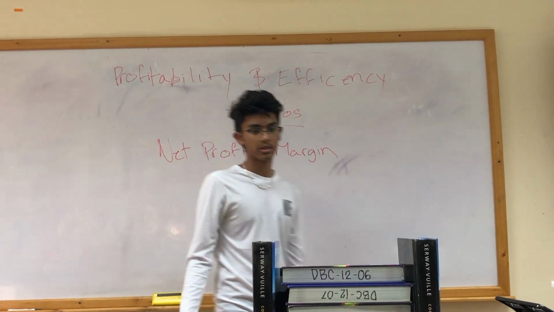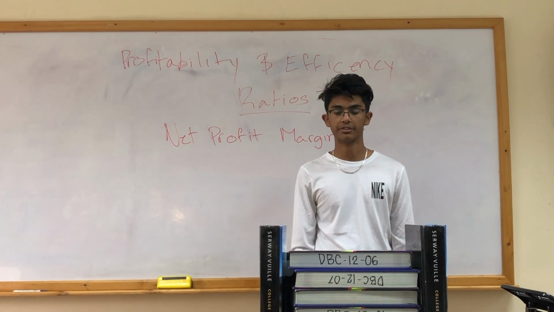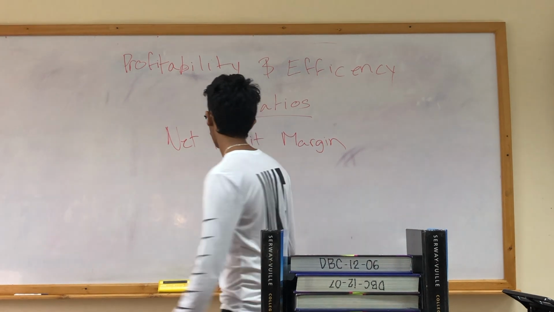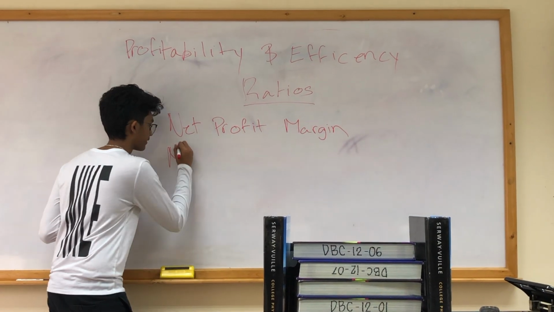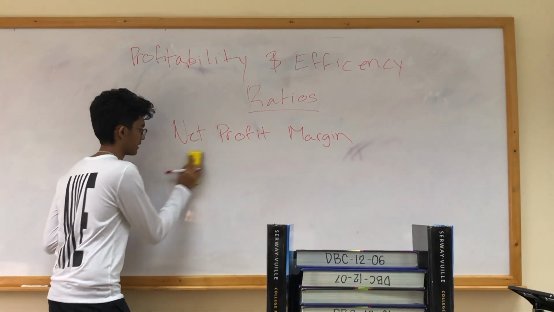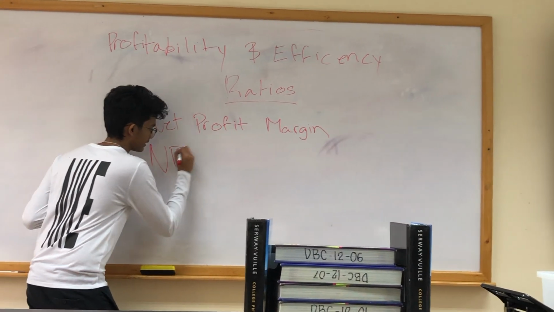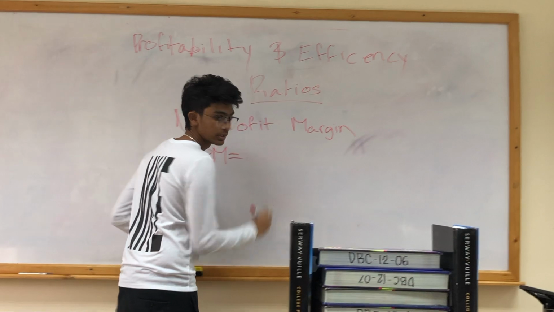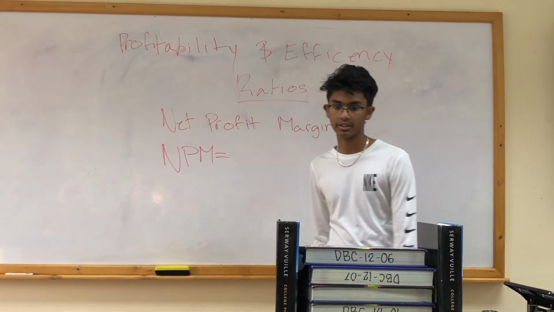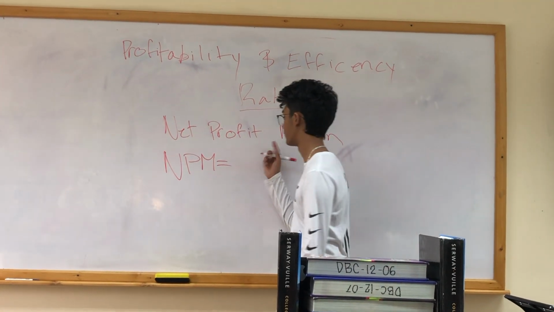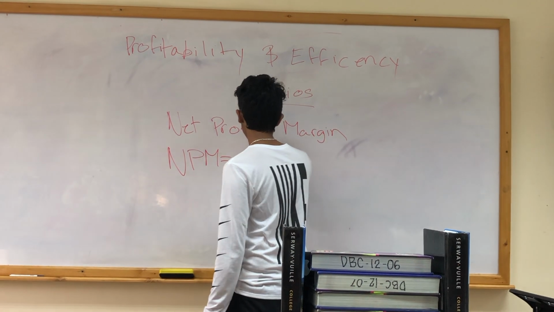Your net profit margin is a percentage of the sales revenue, and it can be calculated by taking the net profit before interest and tax.